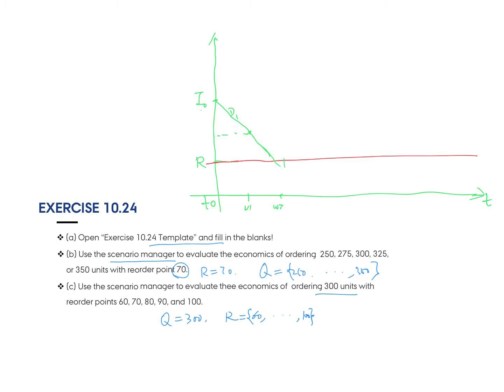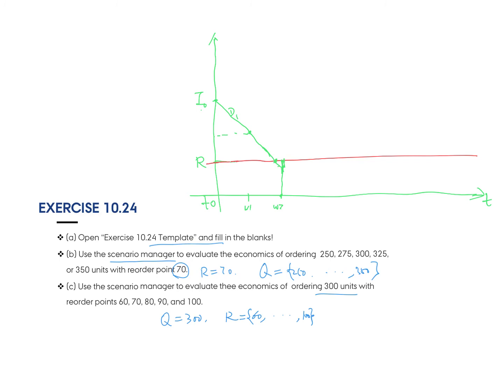Here you can see that by the end of week 2, the available inventory, or inventory level, has already gone across the reorder point. Then that means you need to order in week 2.